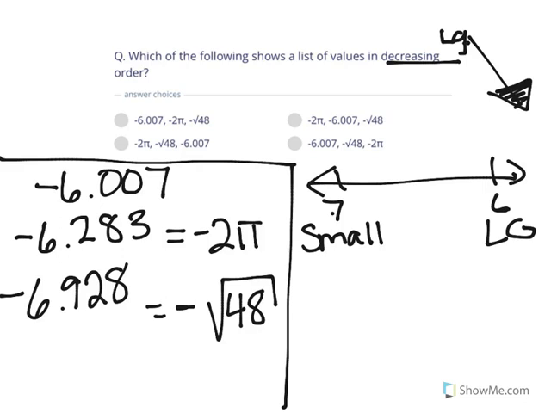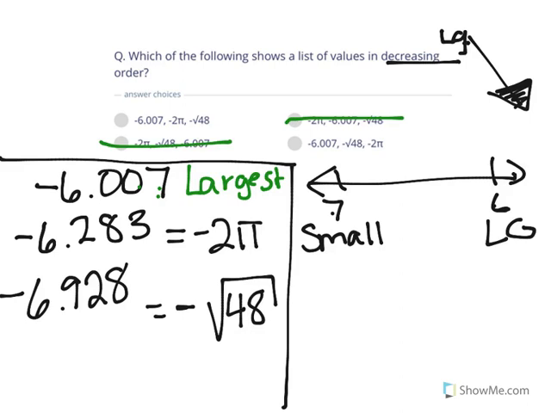So I want to start with the largest. Which one's closest to 6? That is going to be 6 and 7 thousandths. So that's going to be the largest one. So I can eliminate any answer choice that's not large. Boom and boom.